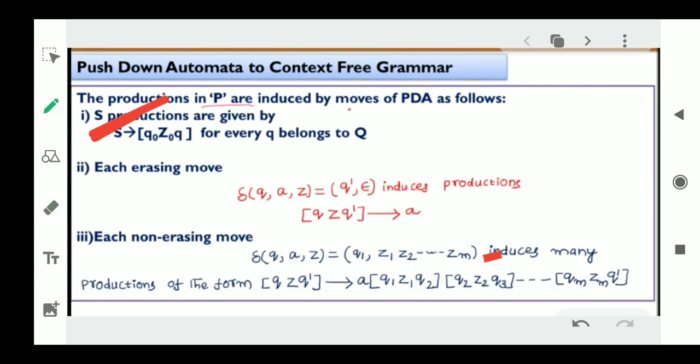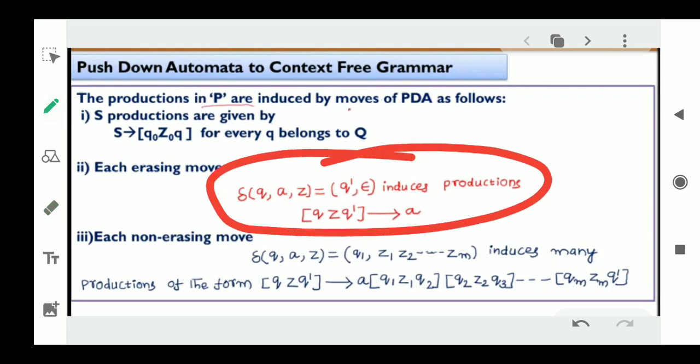Now the second one. What I told you, two things you need to identify: whether the given PDA transition is a push operation or a pop operation. Please observe that a pop operation means epsilon. It will be in the form Q comma epsilon, like this.